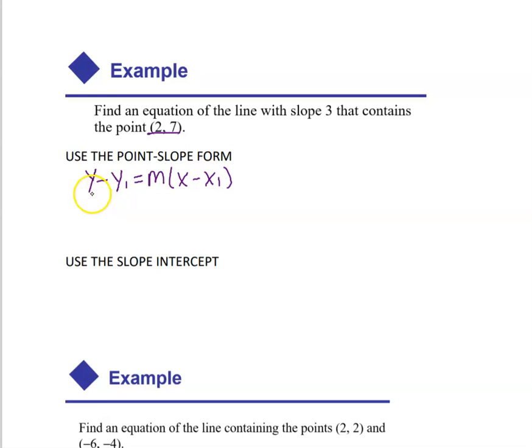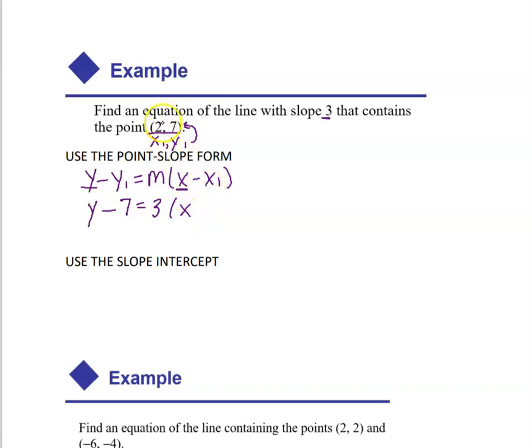So the y and the x, the regular y and x without the subscripts, just stay the same. This point right here would be my x1, y1. So we would do y minus y1, which is 7. m is our slope, and they told us our slope is 3.